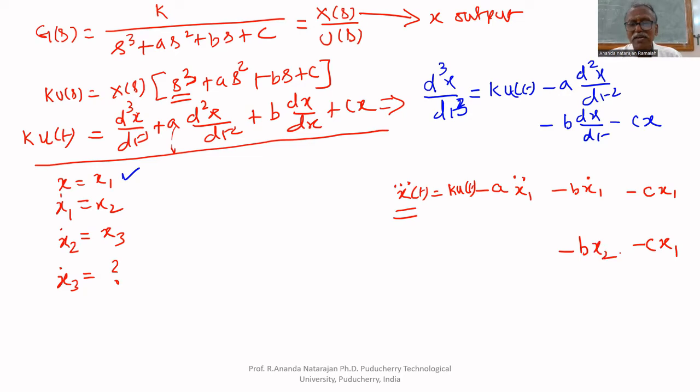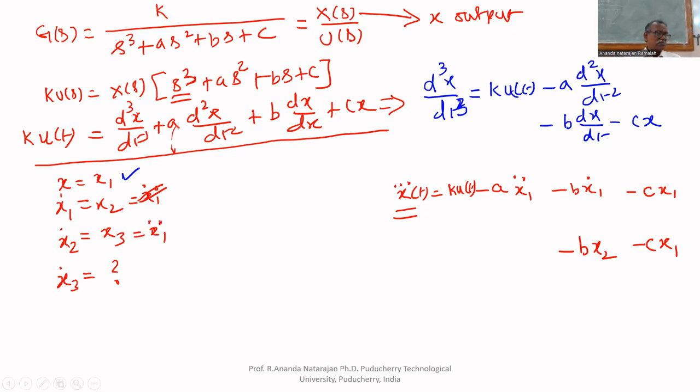That's why b x2 I am writing. Can I write like that? X1 double dot can be written as x2 dot, because the derivative of x2 is x1 double dot.